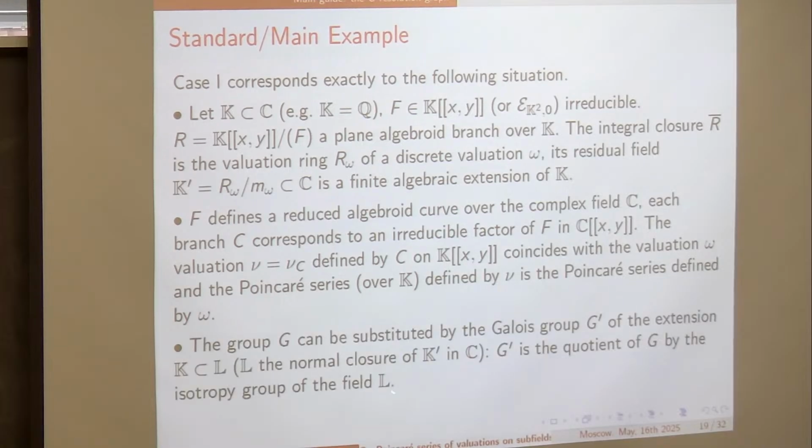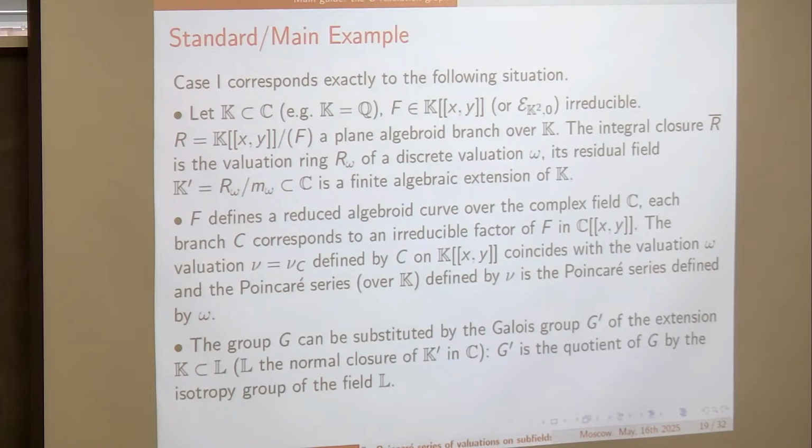So the group G, in fact, in that case, you can substitute the group G by the Galois group G prime of a normal closure of K prime. You have K inside K prime. You could take the normal closure, and you take the Galois group, and you can substitute G by G prime. It's the same thing. In fact, there's no problem at all.